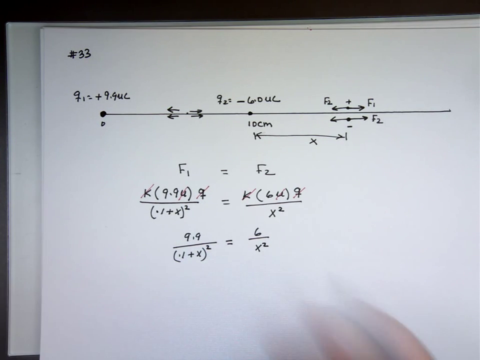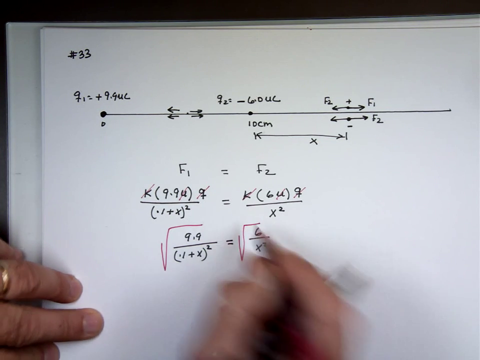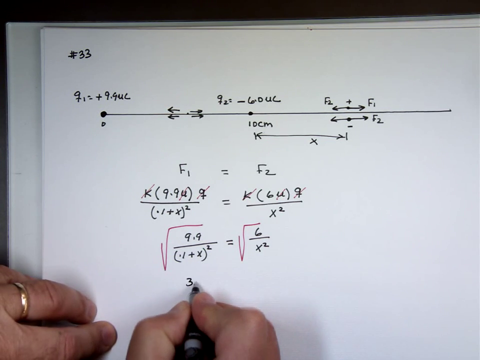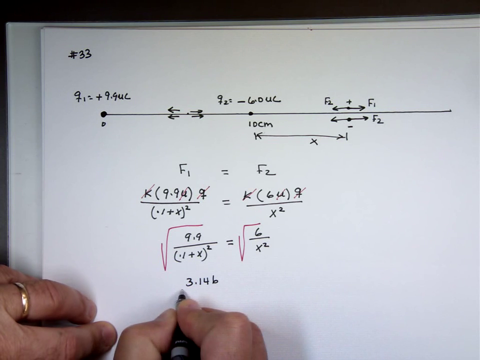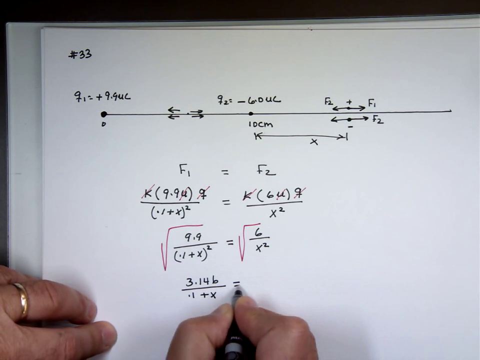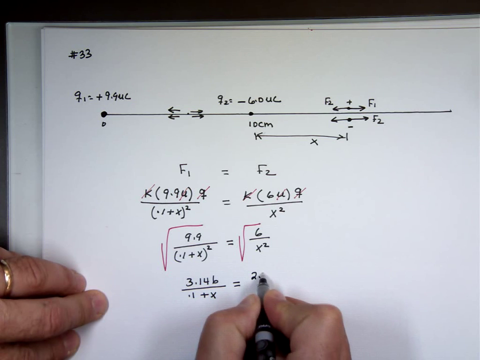Now take the square root of both sides to get rid of the square. What is the square root of 9.9? 3.146 over 0.1 plus x equals the square root of 6, 2.449 over x.